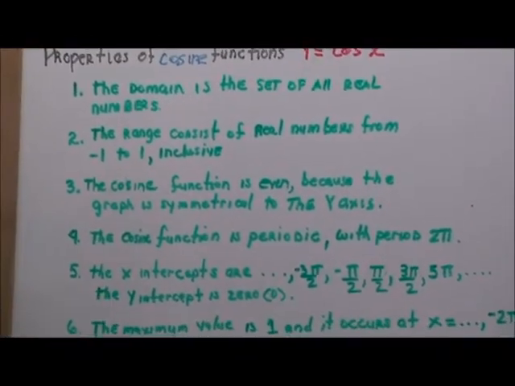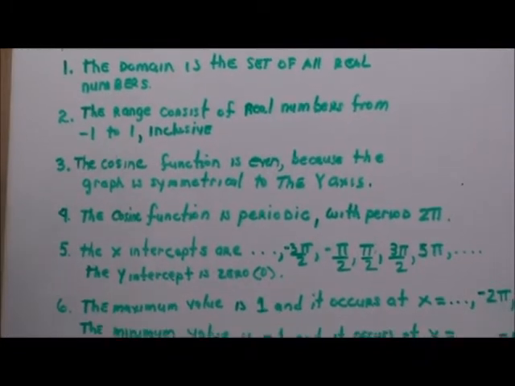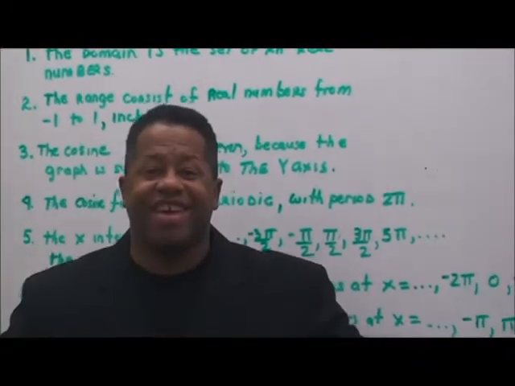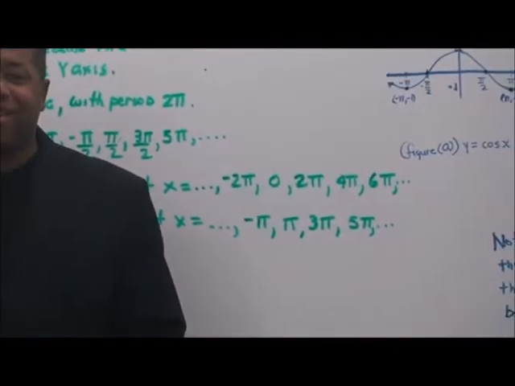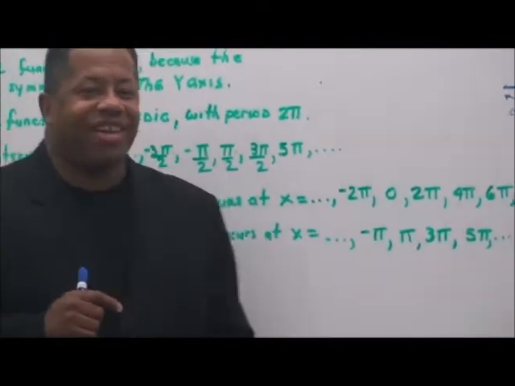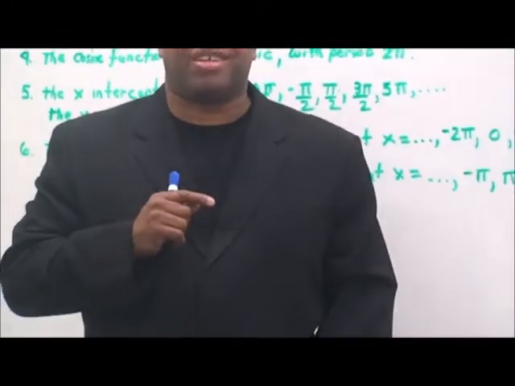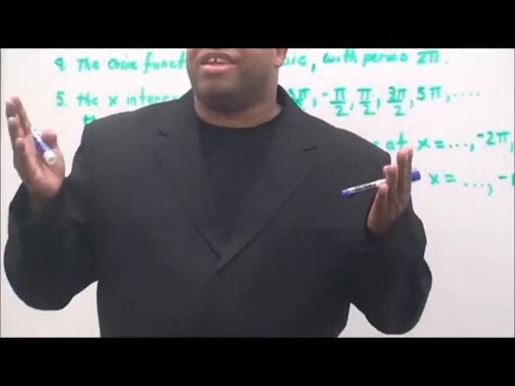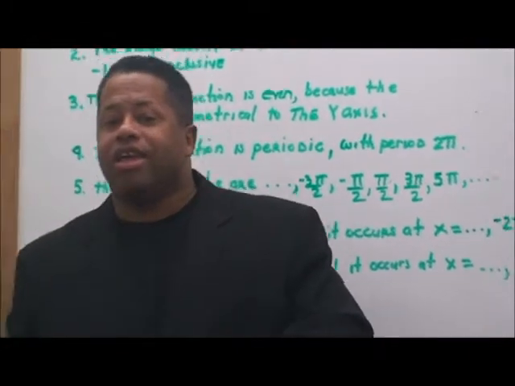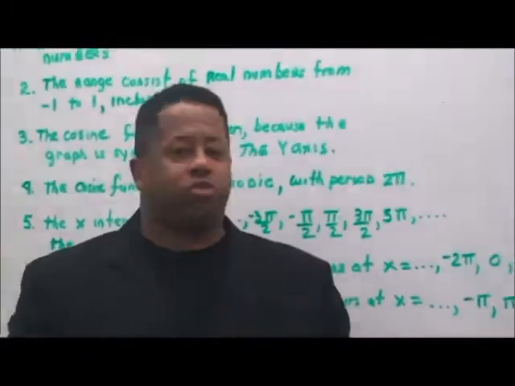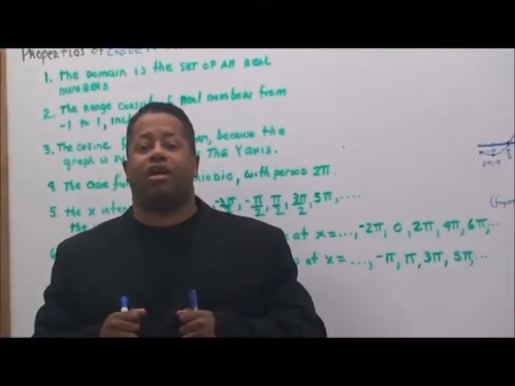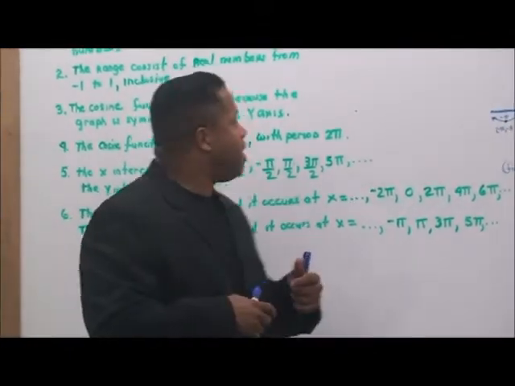These are all included. And the cosine function is what? Can you answer that question? Is it even, or is it odd? In the previous videos, we did a video segment on even and odd trigonometric functions.